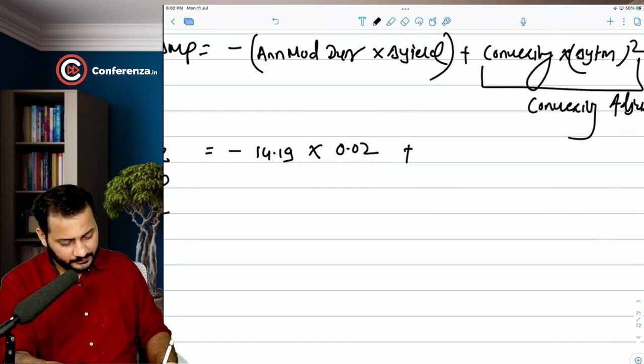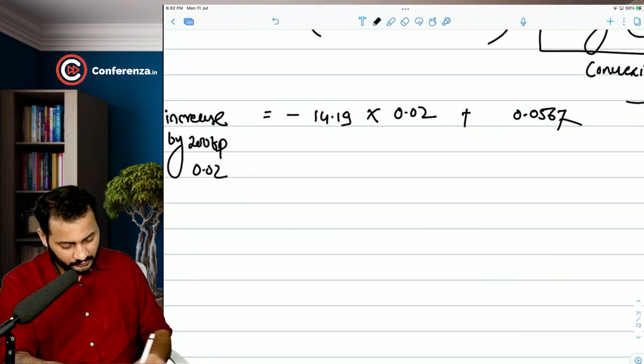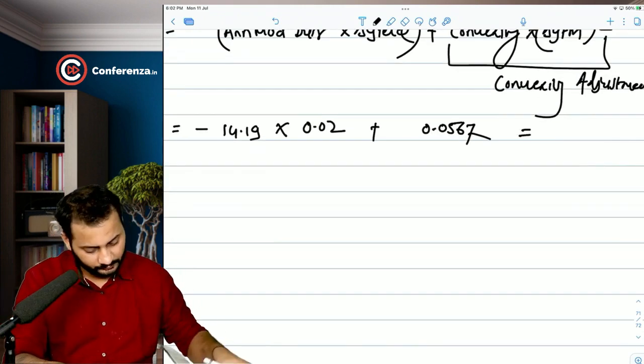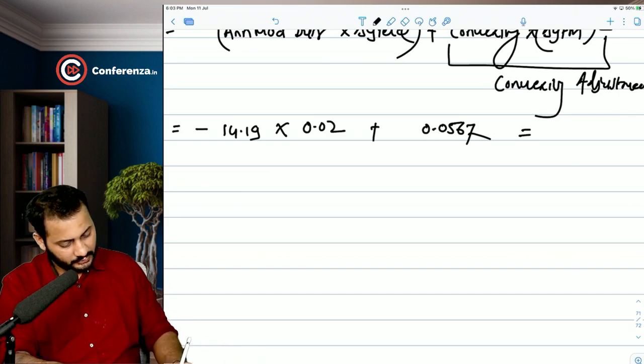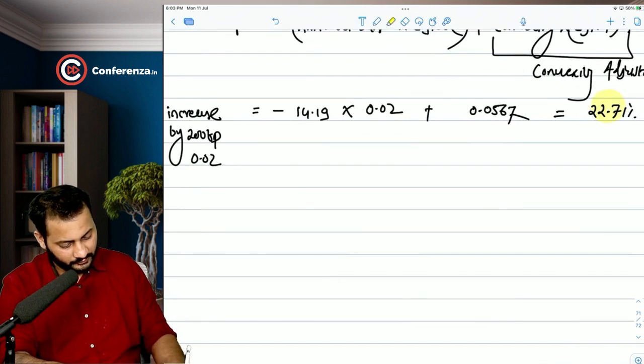I can write it as 0.0567 in decimals, and the answer will be 14.19 into 0.02 plus 0.0567. So that is 22.71%. Okay, that's the first answer.